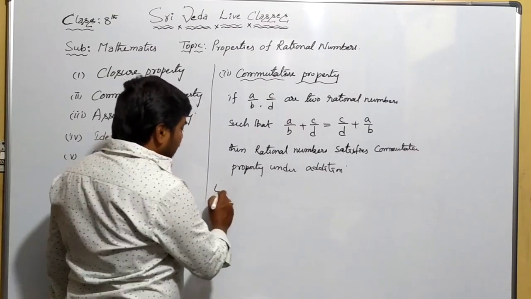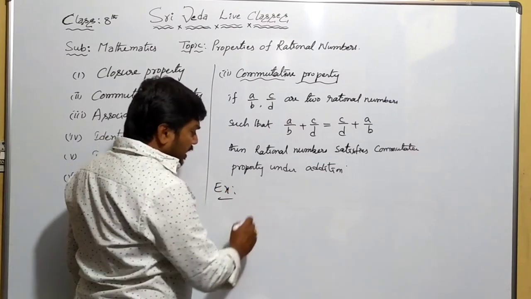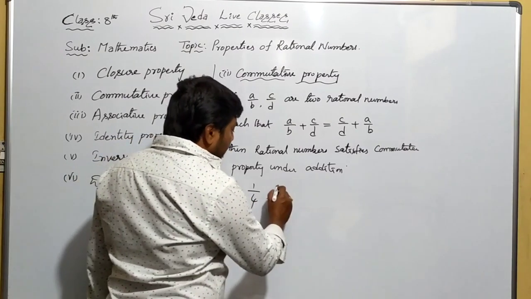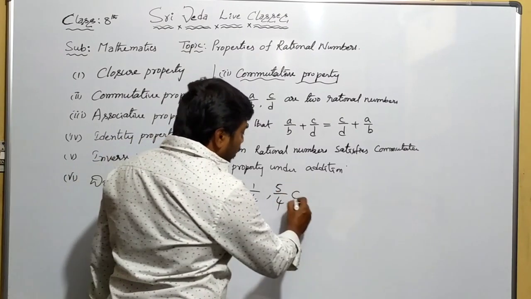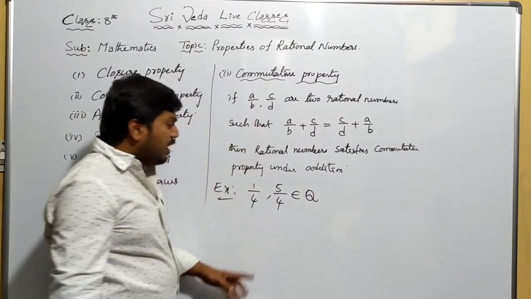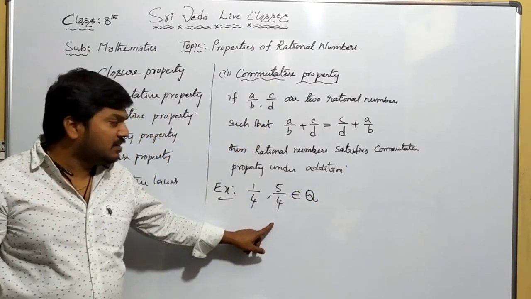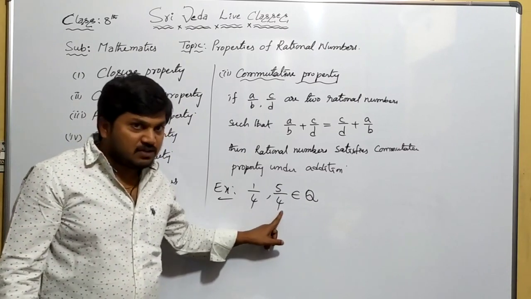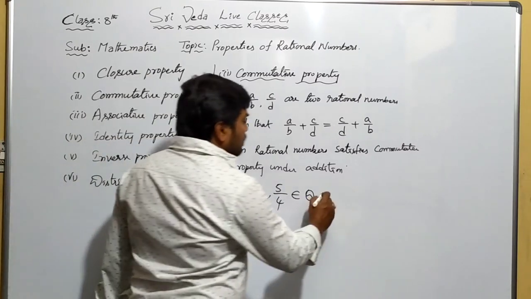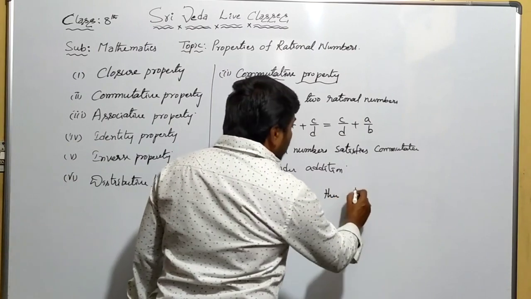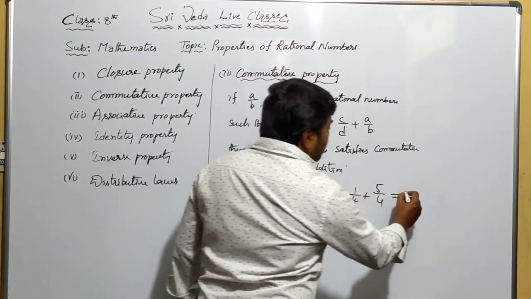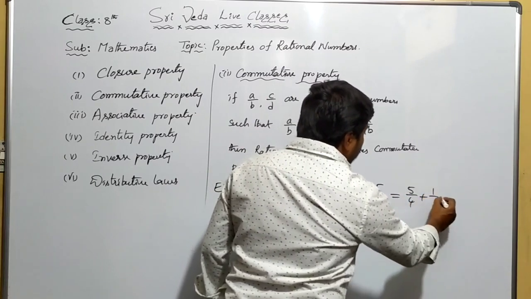For example, 1 by 4 comma 5 by 4 belong to rational numbers. We are taking two rational numbers. 1 by 4 is a rational number, 5 by 4 is also a rational number. Then 1 by 4 plus 5 by 4 equals 5 by 4 plus 1 by 4.